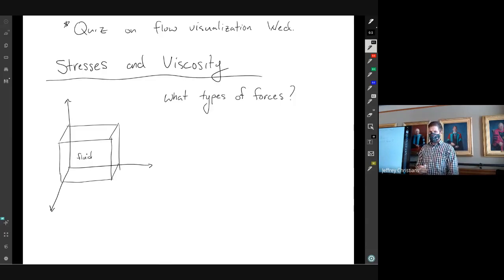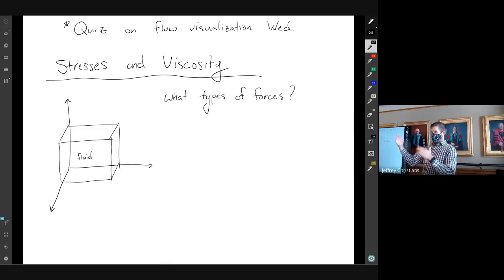There are two main classes of forces. But can you guys think of what types of forces would be acting on our little chunk of fluid, presumably floating in a larger body of fluid? So this is a little chunk of water inside of a lake or a river. What types of forces could be acting on it? Yeah, Theo.